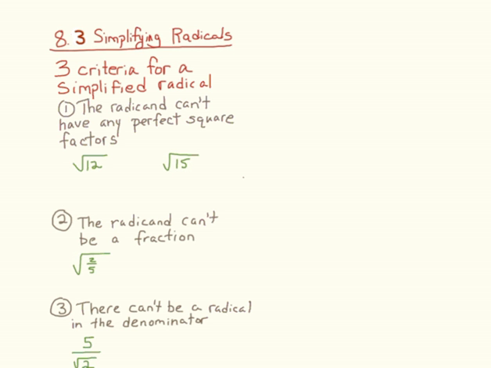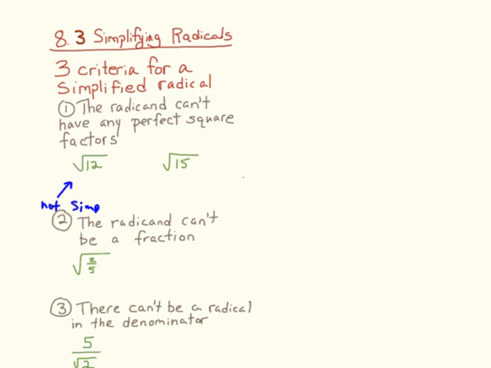Well, what perfect square factor does it have? 4. Okay, it has a 4 as a factor. There are no perfect square factors in 15. So we're going to say the square root of 12 is not simplified, and the square root of 15 is simplified.